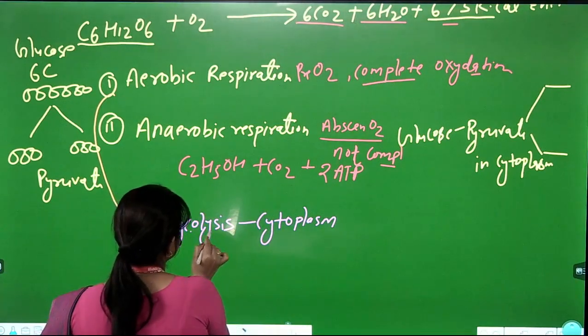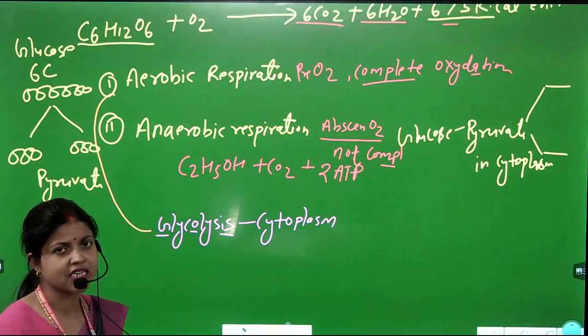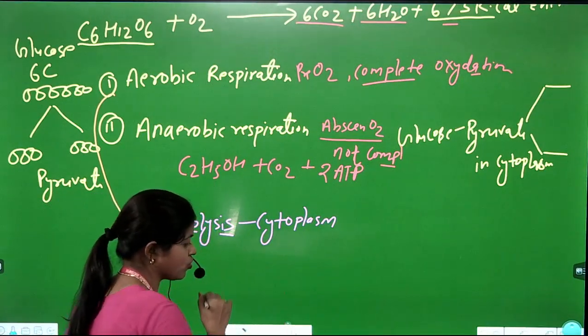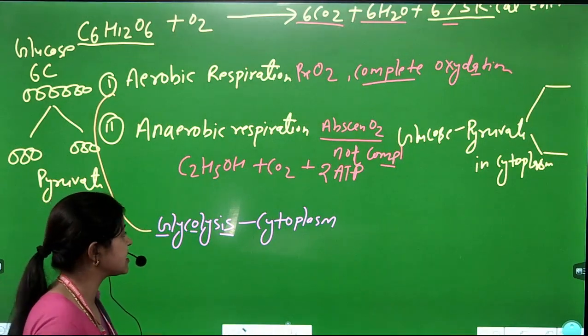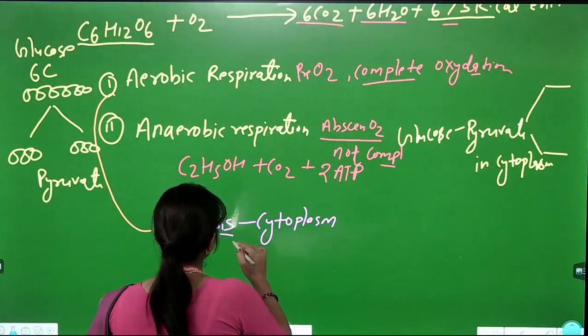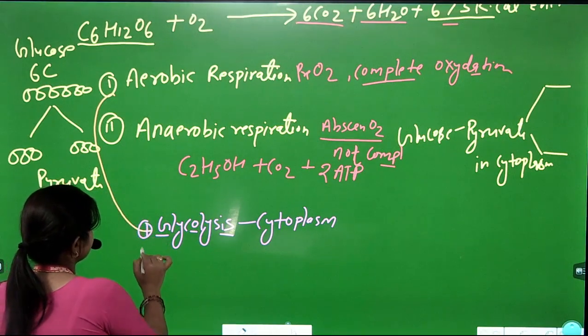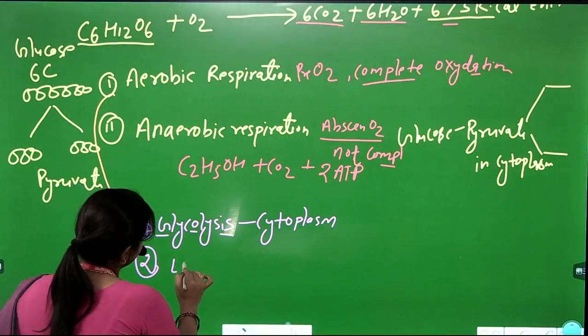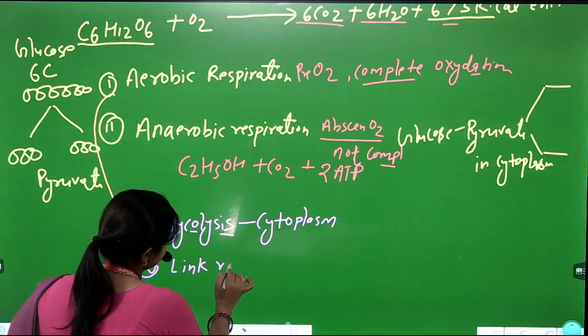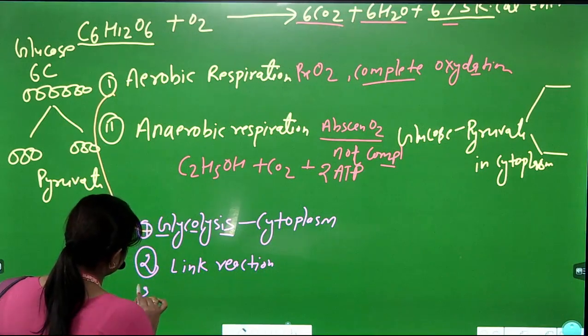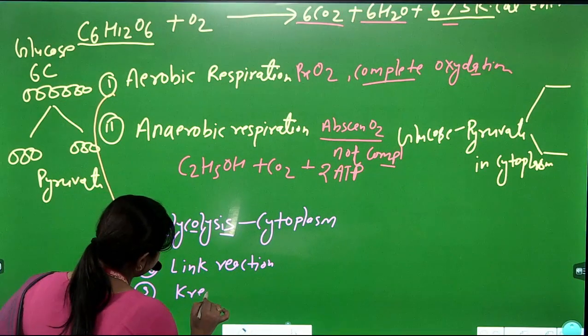And what is glycolysis? In this process, glucose molecules break down into small pieces. The second step is link reaction. Third step is Krebs cycle.